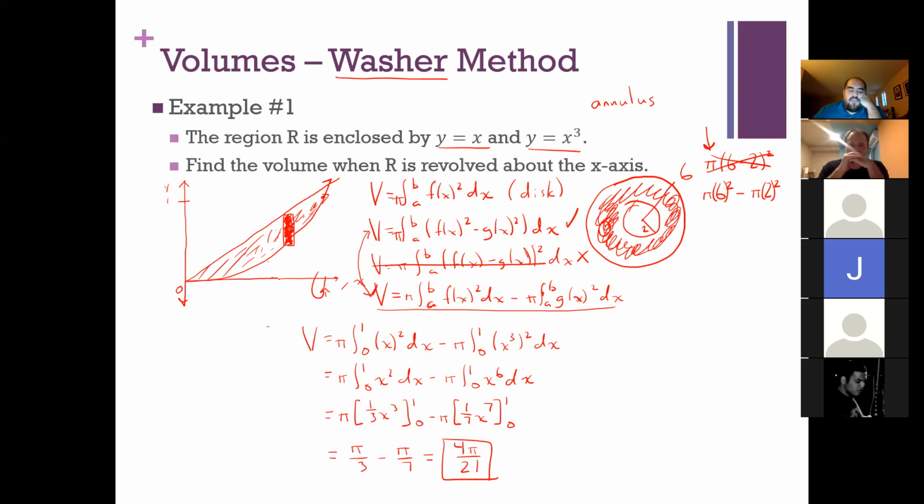So now that I've drawn that rectangle, what is it about this rectangle, the way I've drawn it, that should suggest that I'm going to use the washer method to find this volume and not the disk method?